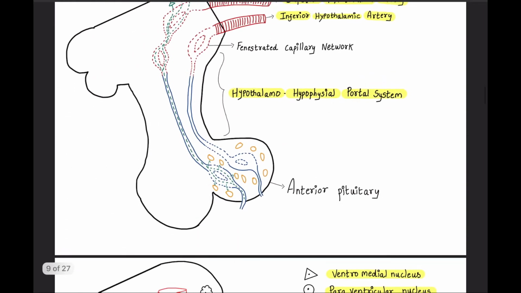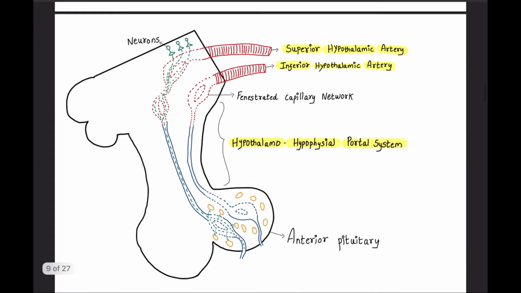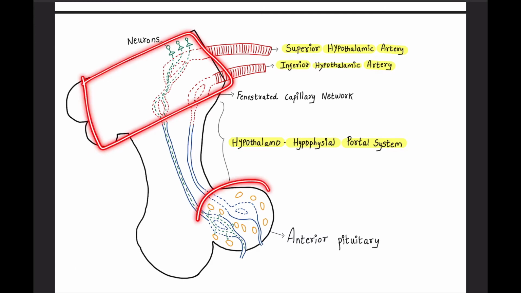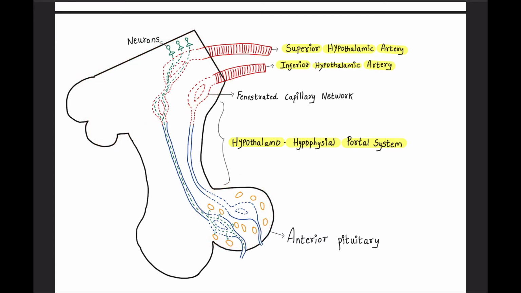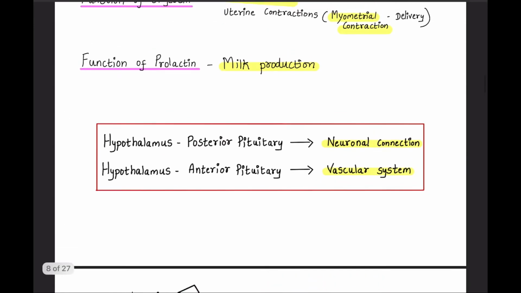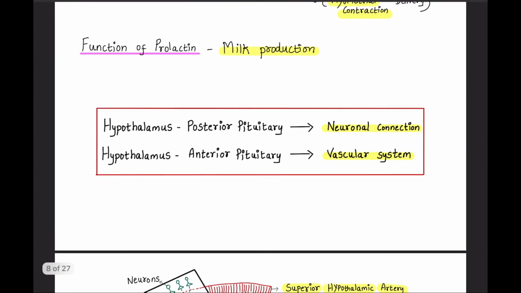So now we will see the relationship between the hypothalamus and the anterior pituitary. In the hypothalamus and posterior pituitary you have the ADH and oxytocin. As I have mentioned earlier and also here, the hypothalamus and posterior pituitary is a neuronal connection and the hypothalamus and anterior pituitary is a vascular connection.